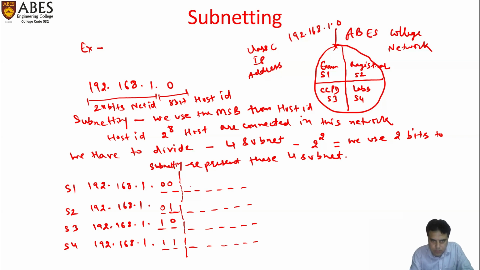Now, what is the first address for the host? For the host, we use the remaining 6 bits. So all 6 bits are 0. This is the first address for the subnet S1.